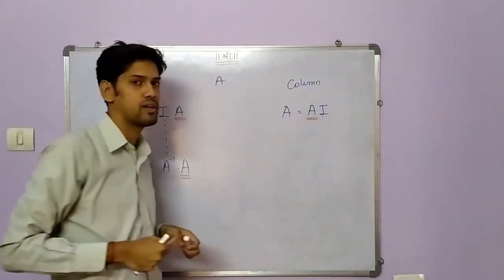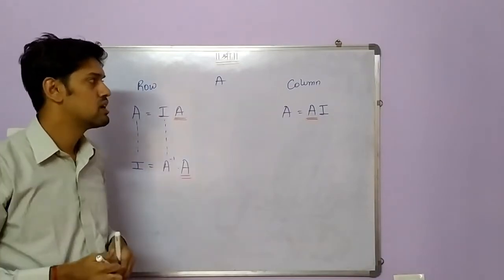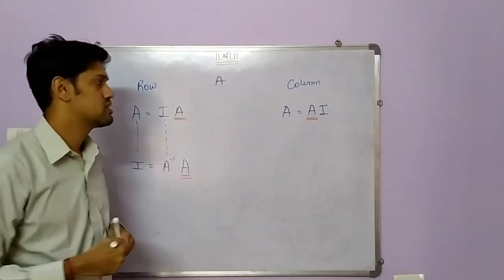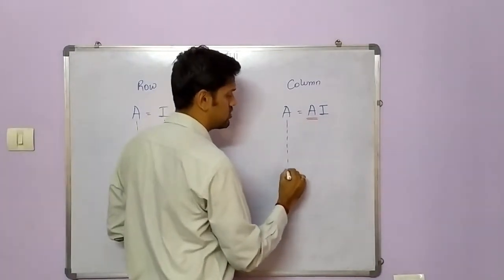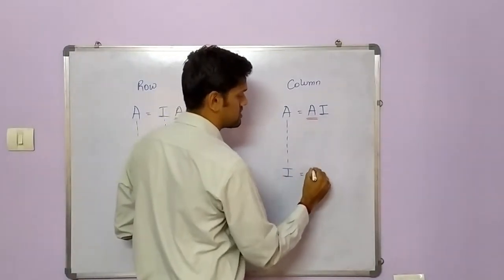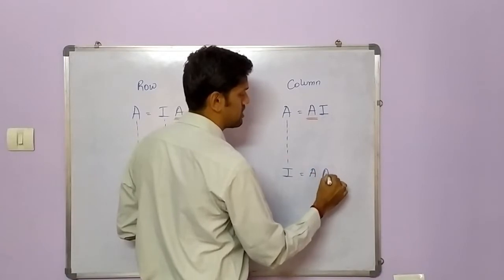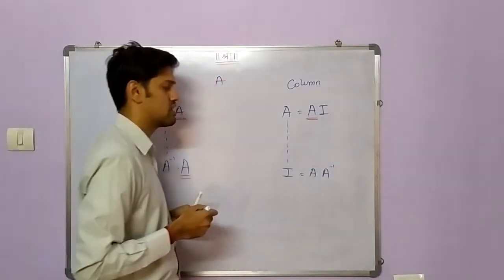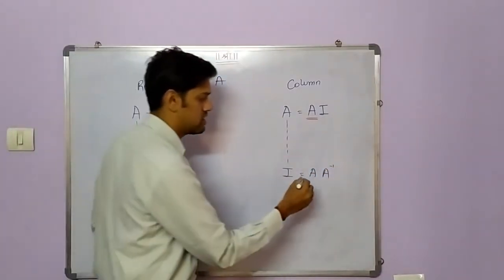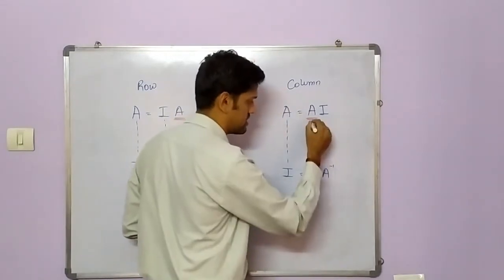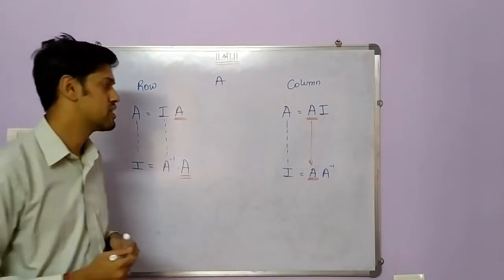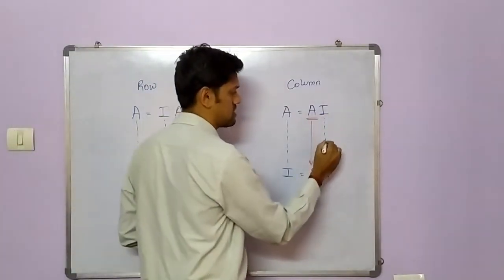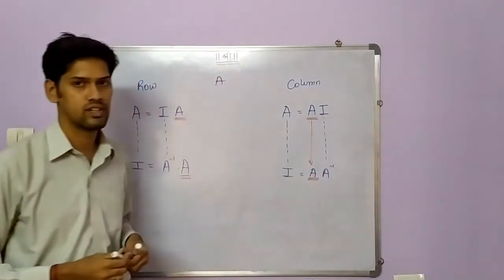Since we are following column now, we will conduct column transformation operations and convert this A eventually into I. Hence, the right hand side will become in this way. This A is as it is. It has not changed. It has just come all the way through the operations. What has happened is this I has been converted into A inverse.